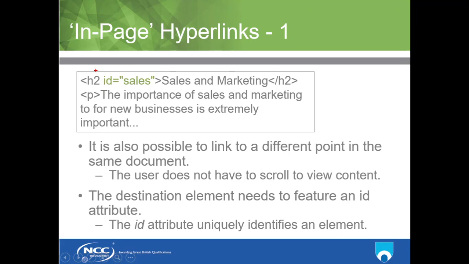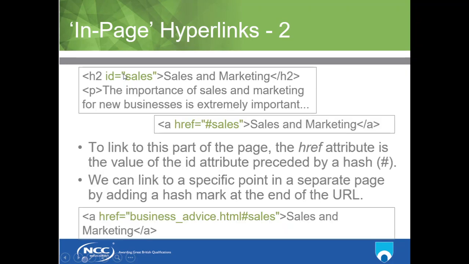For example, at the very top you have a heading 2, and you say that it has an ID attribute with the value sales. When you're creating the go to the top link, you use the anchor element with href, and the value of the href is hashtag sales.